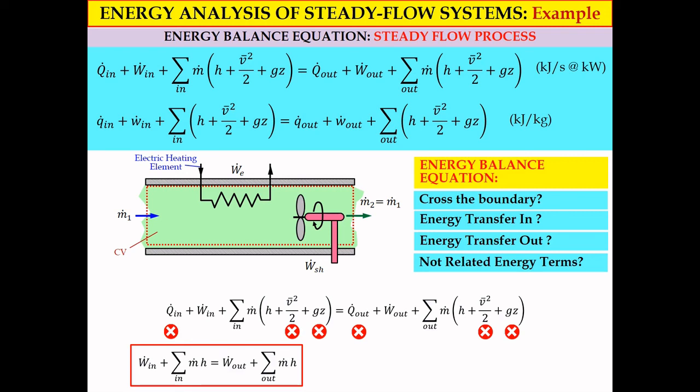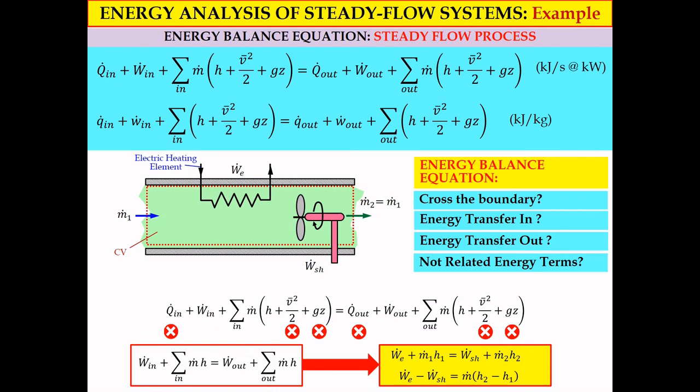So make it more specific based on the parameters or symbols that you use in the schematic diagram. So we'll have W dot E, the rate of electrical work, plus M1 dot multiplied by H1 equal to the rate of shaft work, W dot shaft, plus M dot 2 multiplied by H2.